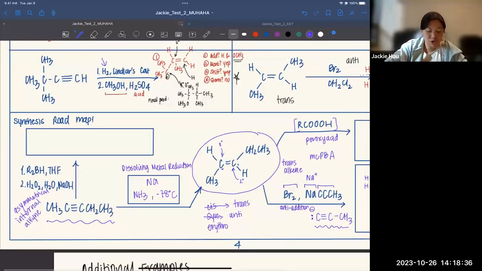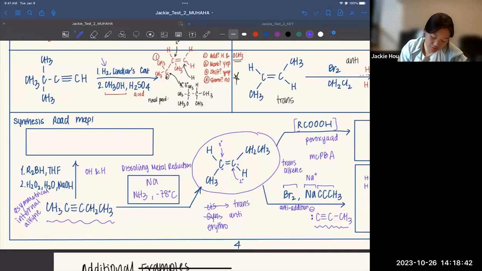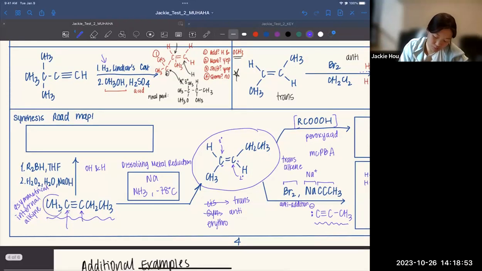So if we were to add an OH and H, they can add to either of these carbons. The OH can add over here, the hydrogen can add over here, or the OH can add over here and the hydrogen can add over here. And they would be two separate things because this side has a methyl group and this side has an ethyl group. So they would create two different constitutional isomers.